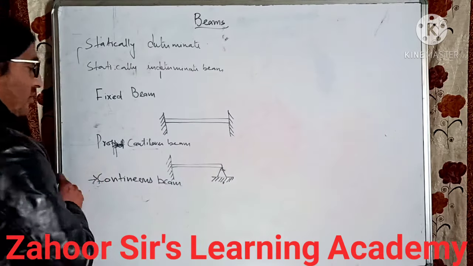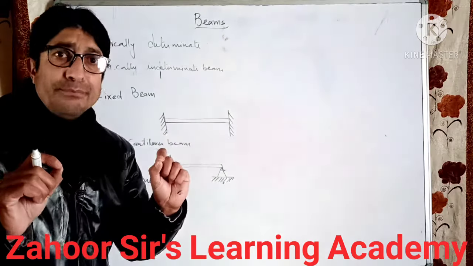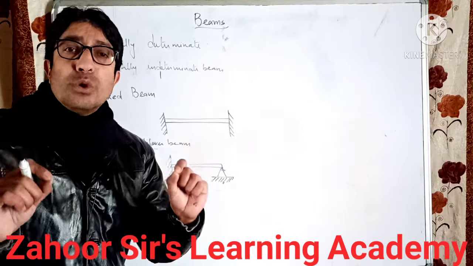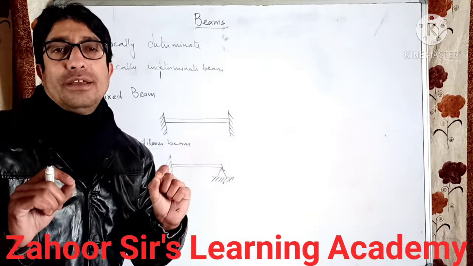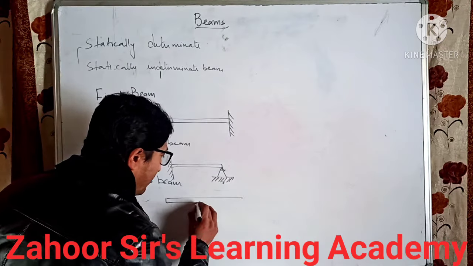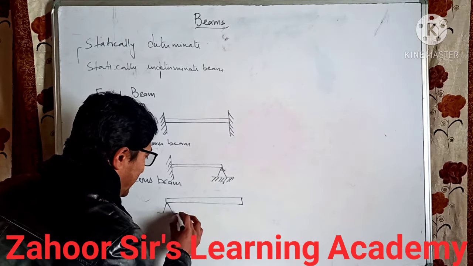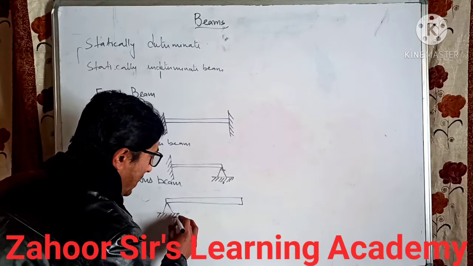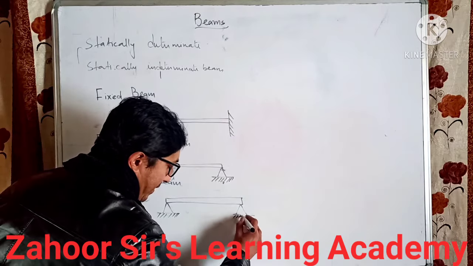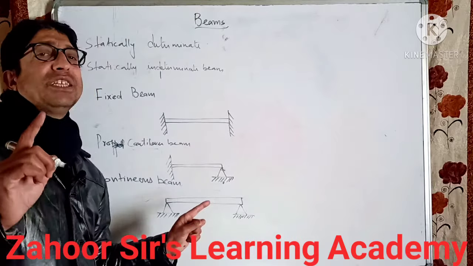What is a continuous beam? A continuous beam is a beam which has more than two supports beneath. A beam like this is a beam. If it would have been like this, a support and another support, then which beam would it have been? Simply supported.